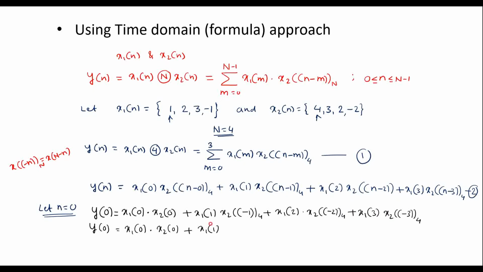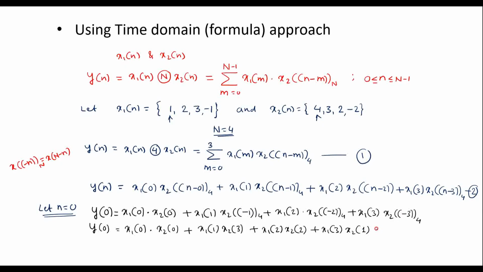In that way, I can represent this as x2 of 4 minus 1, that is x2 of 3. Similarly, plus x1 of 2 x2 of 4 minus 2 is 2, plus x1 of 3 x2 of 4 minus 3 is 1.